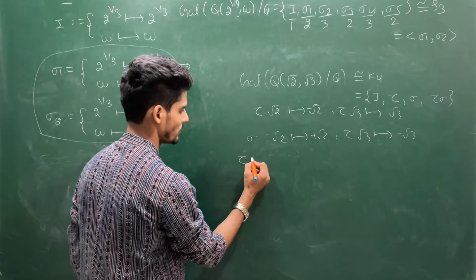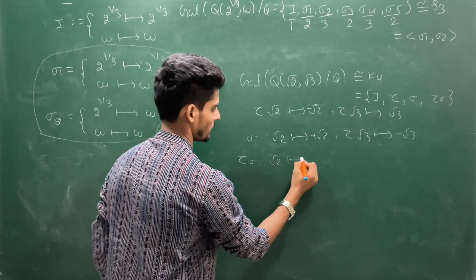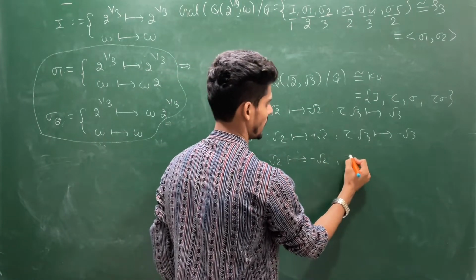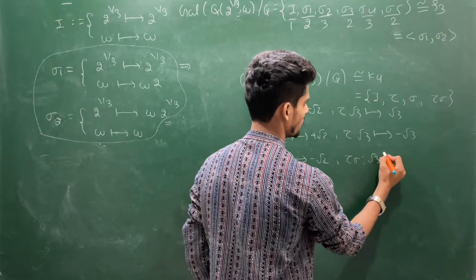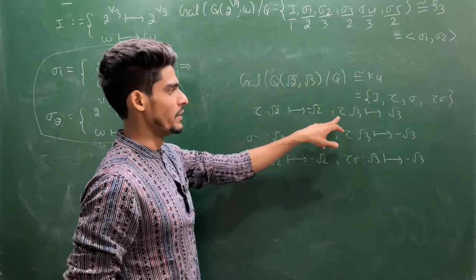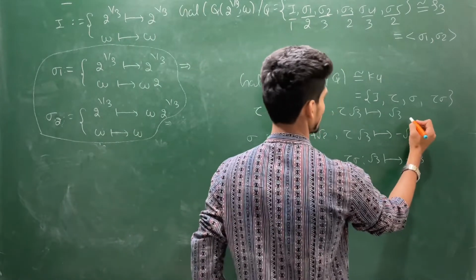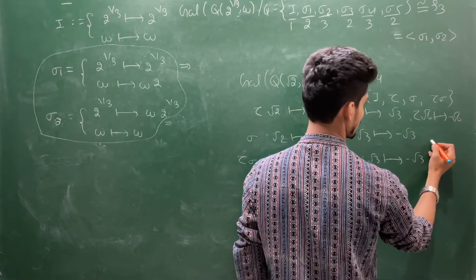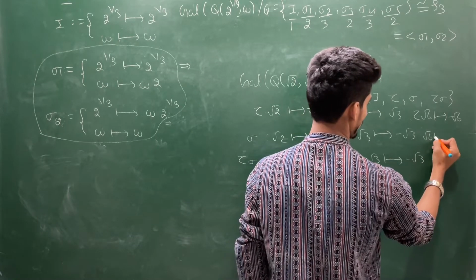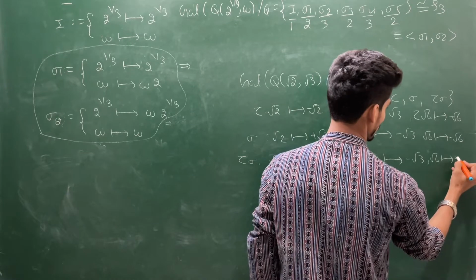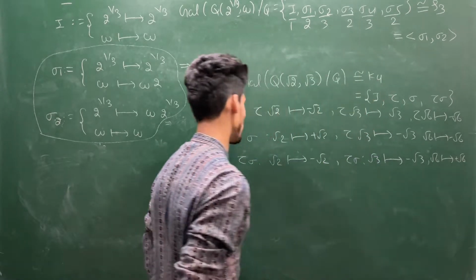Say tau sigma will send root 2 to minus root 2 and root 3 to minus root 3. And if you know the images of these, you quickly know the image of root 6. Here root 6 will go to minus root 6, and here root 6 will go to plus root 6. So you know this.